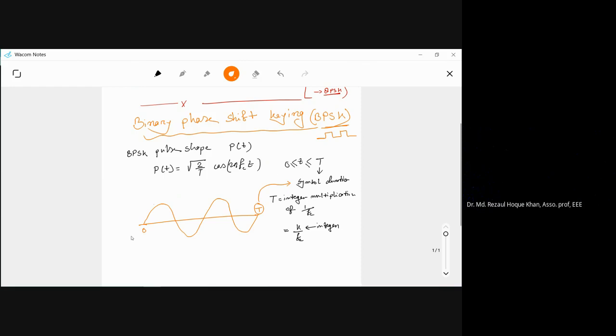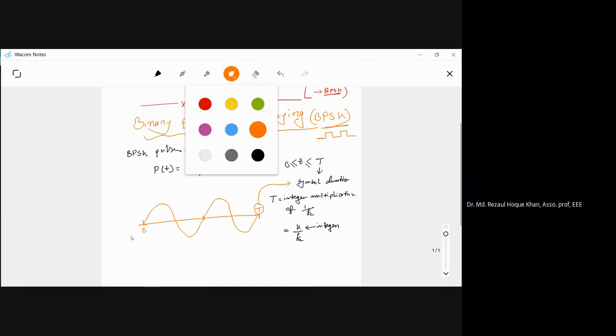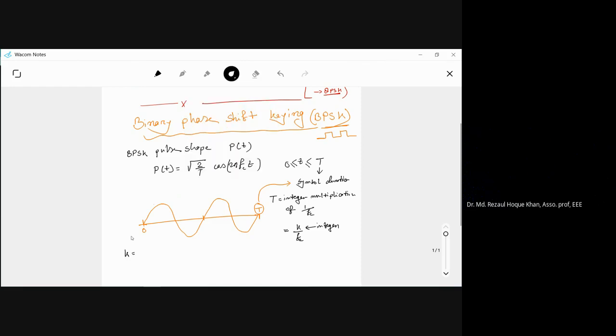This is 1 up to 2. So here the value of K equals 2. It's just an example, because K can be any positive integer value. So K equals 2 means this pulse has 2 cycles in this symbol duration.